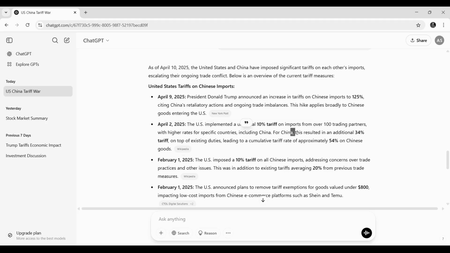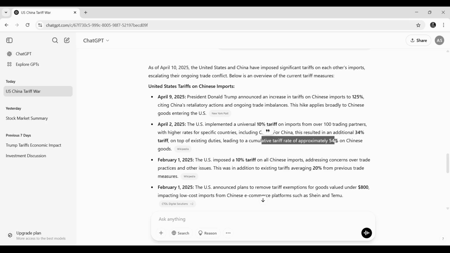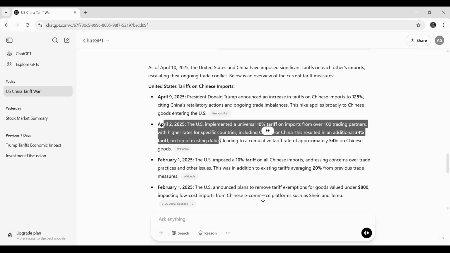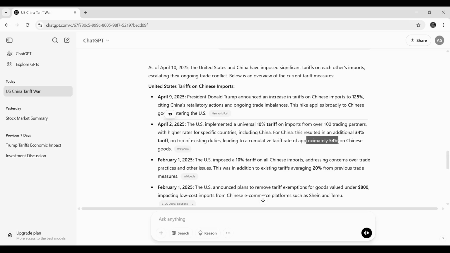So for China, this resulted in an additional 34% tariff on top of existing duties, leading to a cumulative tariff rate of approximately 54% on Chinese goods. Okay, so on April 2nd, there was a 54% cumulative tariff on Chinese goods by the USA.